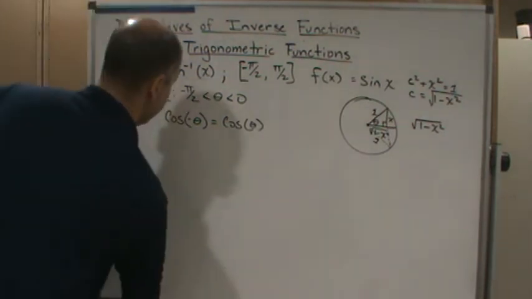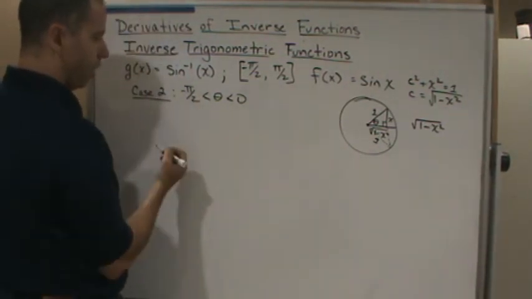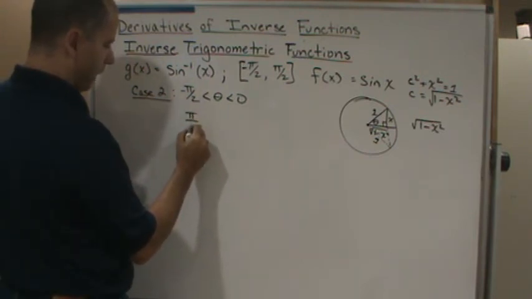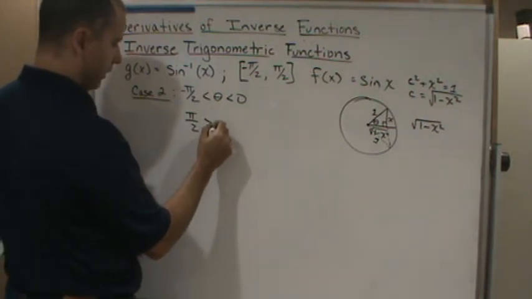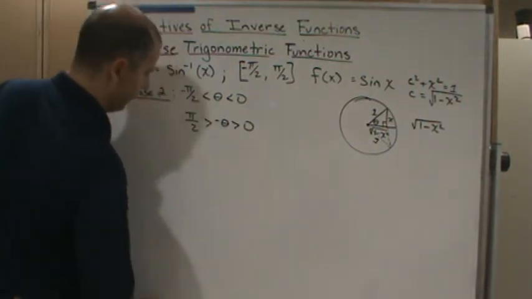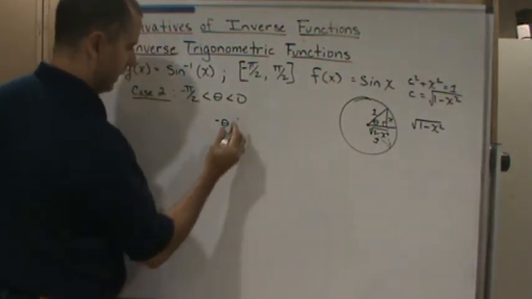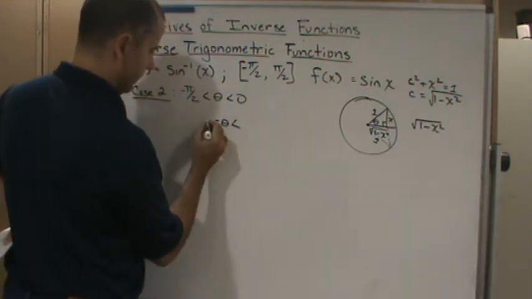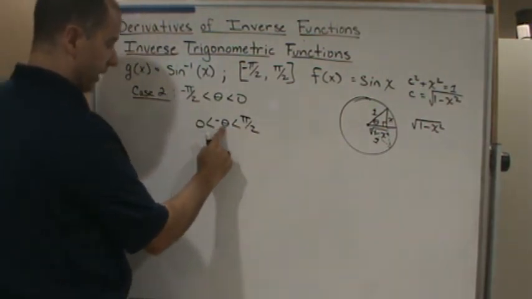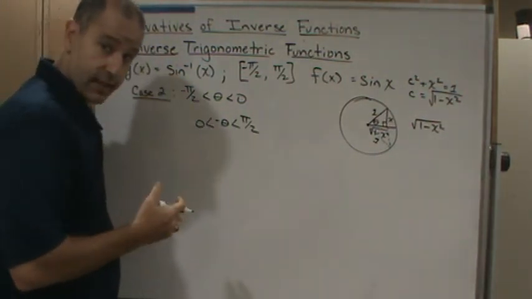So even if we have this, if we multiply all three sides by -1, we find that negative theta is between 0 and pi over 2, which is what we just dealt with before.